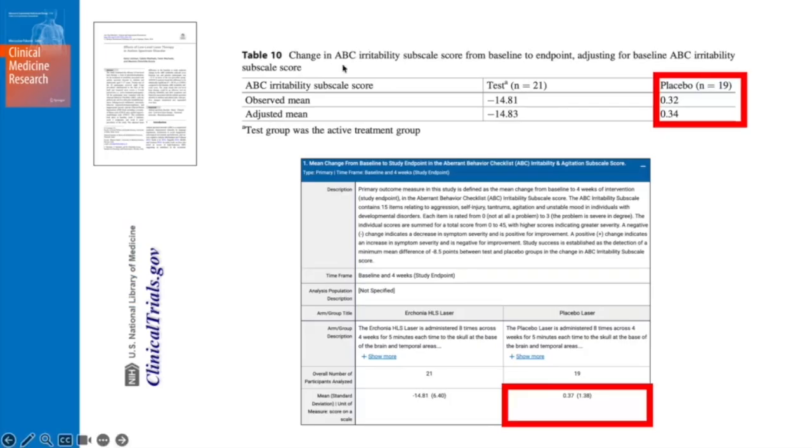Again, if you look at change in the ABC irritability subscale, so again, on the primary outcome of the study, on the registry, you have a difference of 0.47, and in the paper, you have 0.42. And they also provide an adjusted mean difference, which is 0.34, not exactly the same numerical value, and it cannot be just explained by rounding.